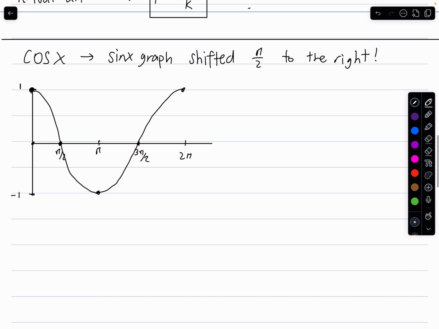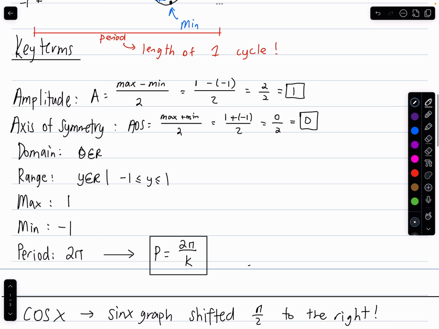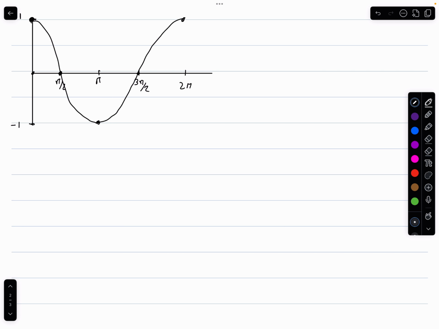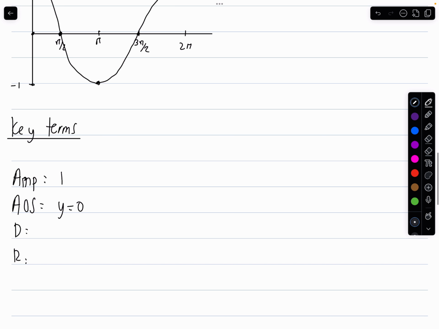Now that we know it's shifted pi over 2 to the right, let's find out what our key terms are. I'll just write it down here. You have your key terms. The first thing you're going to need is the amplitude, which we can just look at the graph and find. We know it's 1. We also know the axis of symmetry is going to be y equals 0. We know the domain and range are very much the same as the sine graph.